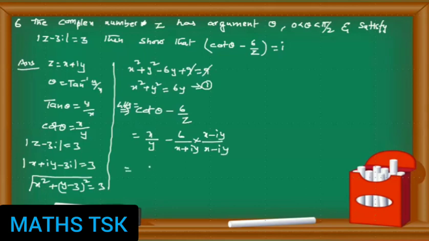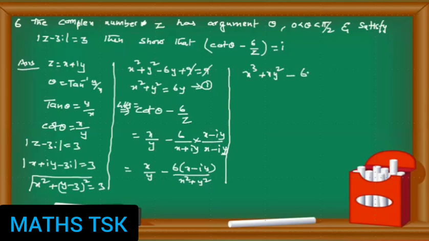So this is x by y minus 6 times of x minus iy by x square plus y square. Okay. Right. Next. This is x cube plus xy square minus 6xy plus 6y square i by x square plus y square into y.